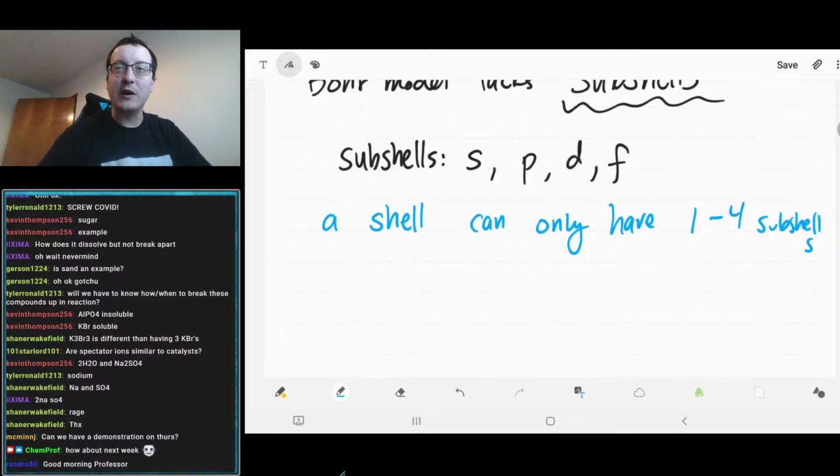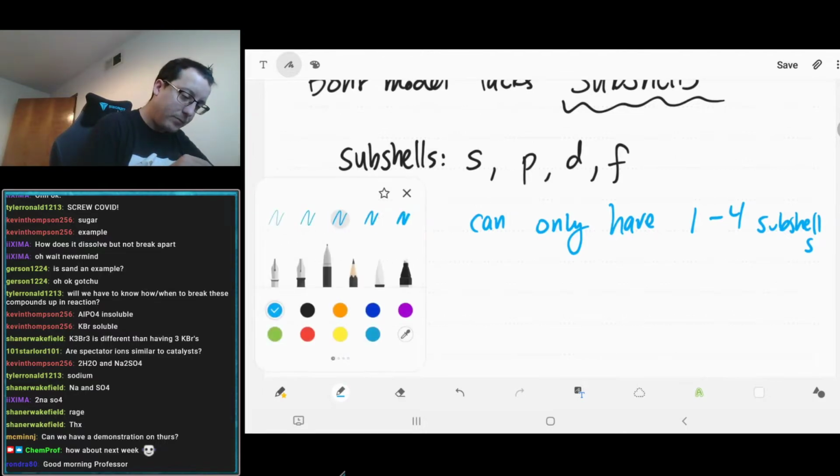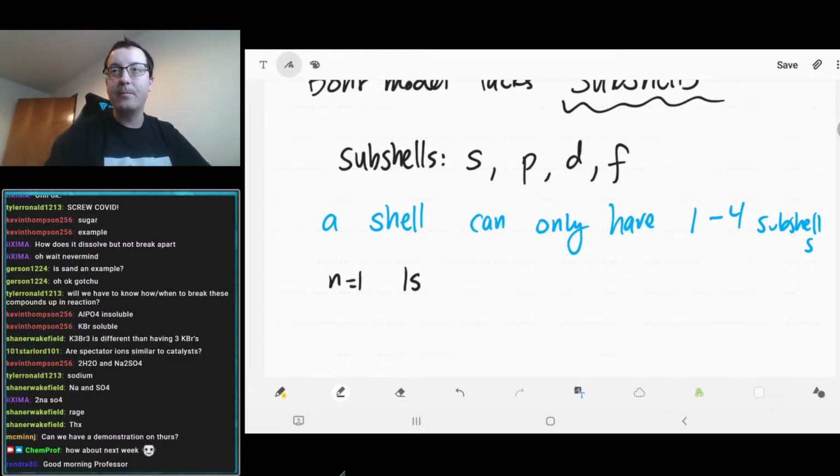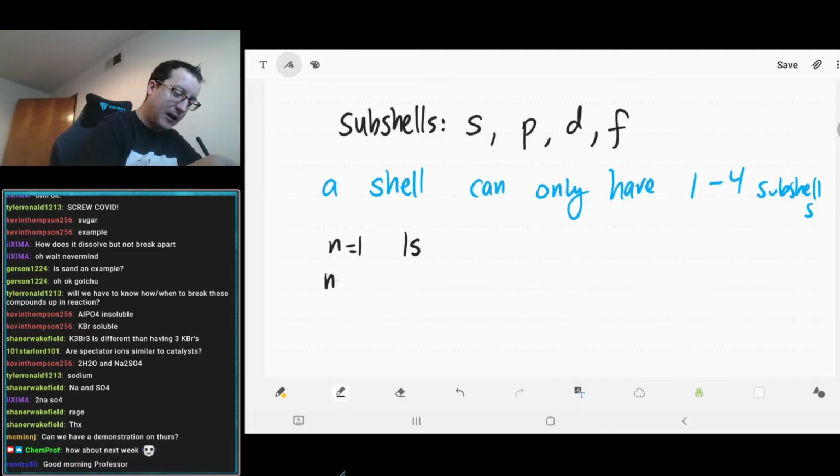And how that's going to work is we're going to have in the first shell, the n equals 1 shell, only an s orbital, an s subshell. In the n equals 2, we're going to have an s subshell as well as a p subshell.